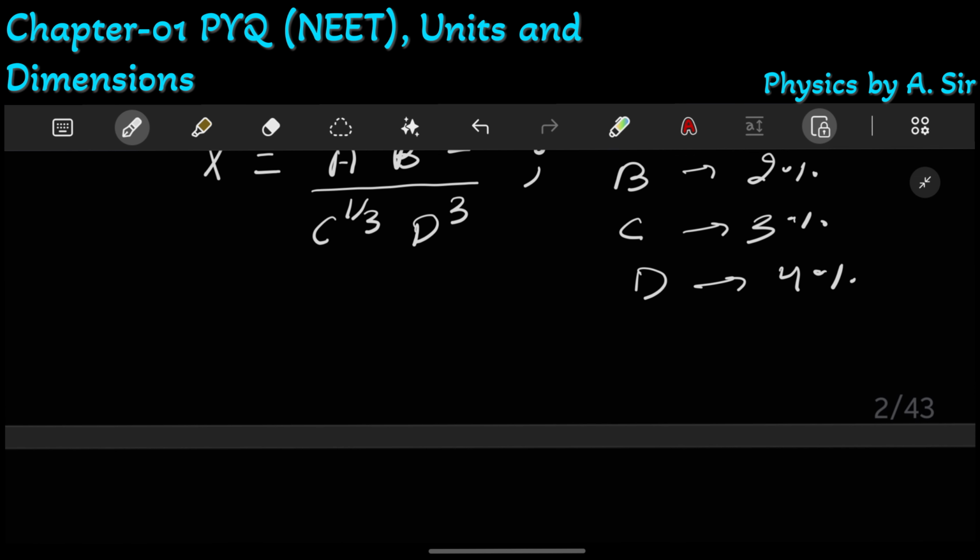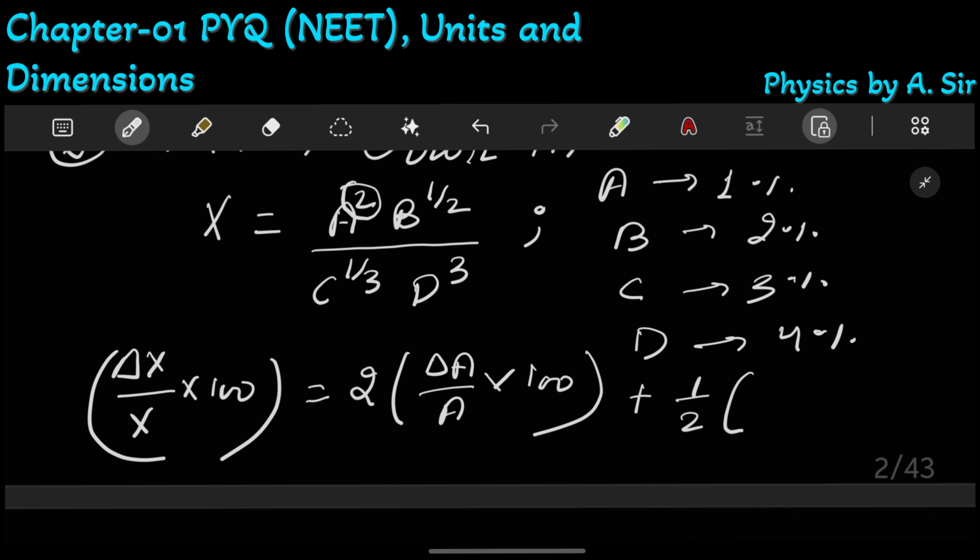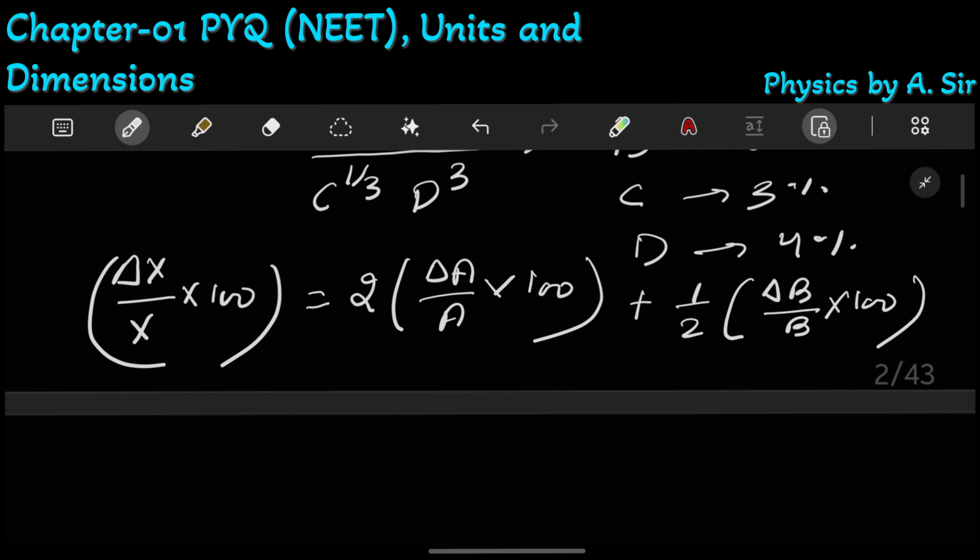So let's say if we have to calculate the percentage error, then del x over x into 100 equals, what is a? So a has power 2, it means 2 del a over a into 100, and you have to just write down like this. The power comes before the expression, 1 by 2 del b over b into 100, and if division comes, then it's also positive.